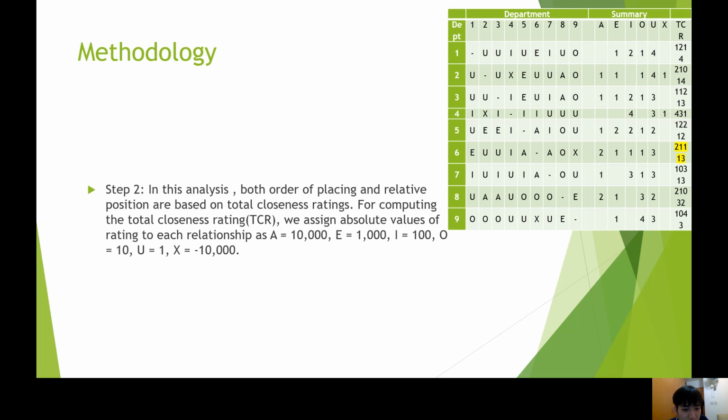We should place the relative position according to the TCR. In TCR, we have an assumption that A is equal to 10,000 and E is equal to 1,000. Like this figure, we can see that 6 has the highest TCR value.